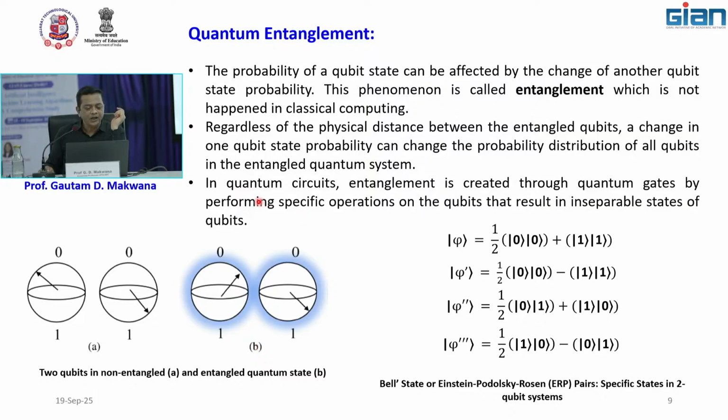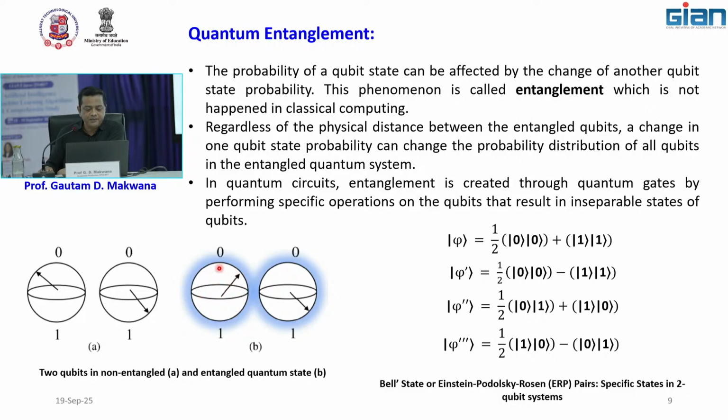In a quantum circuit, entanglement is created through quantum gates by performing specific operations on the qubits, resulting in an inseparable state of the qubits. This is just a diagram of the case where there is no entanglement: the states are independent of each other. This figure indicates that the quantum states are entangled.